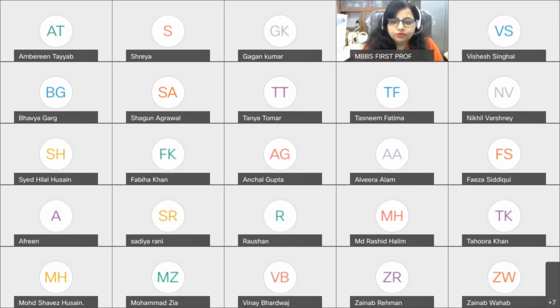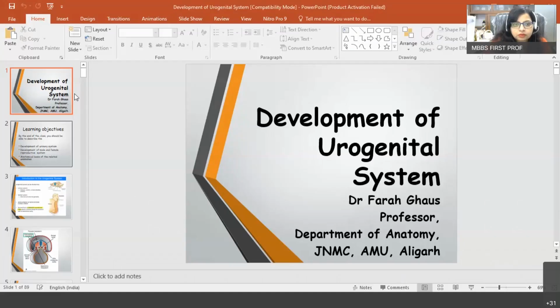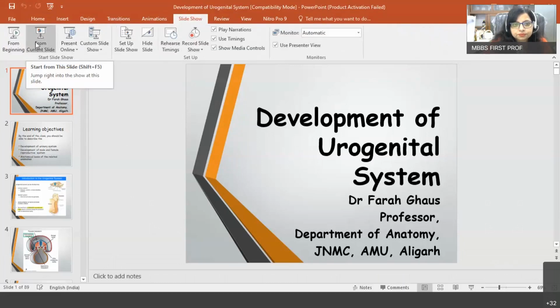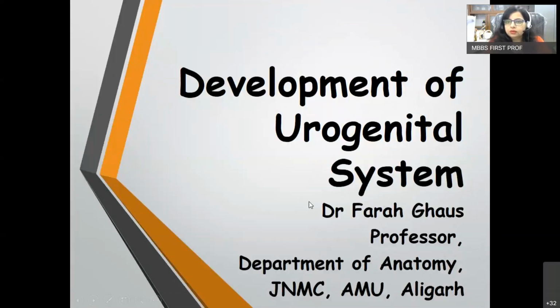So we'll start with the development of urinary system. I'm going to share the screen and then we'll start. So the development of urogenital system is basically the development of urinary system as well as the genital system.